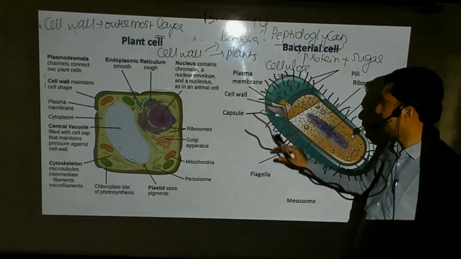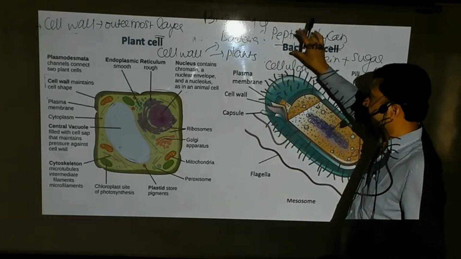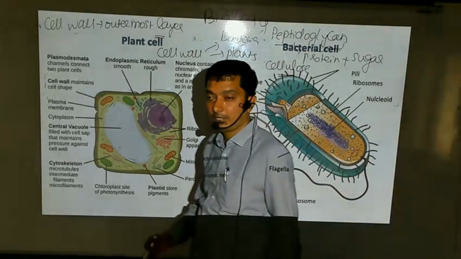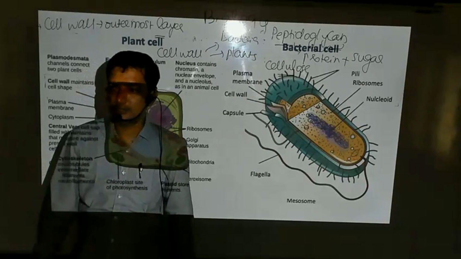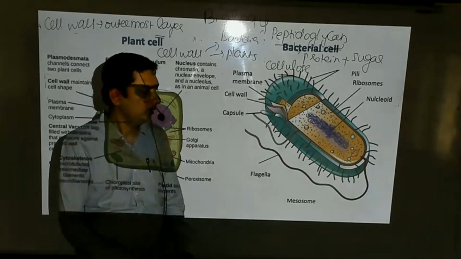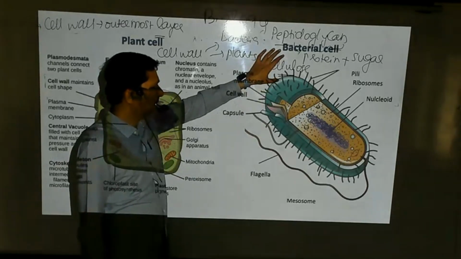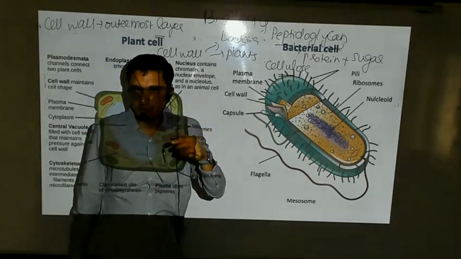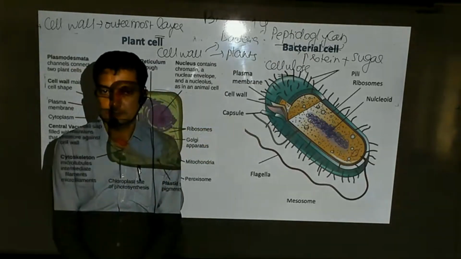Plant cell wall is mainly made up of cellulose. Bacterial cell wall is made up of peptidoglycan. So they are made up of different things. Their composition is different. But we still call it a cell wall. What is common? These are all complex sugars. So generally cell walls are made up of sugars.